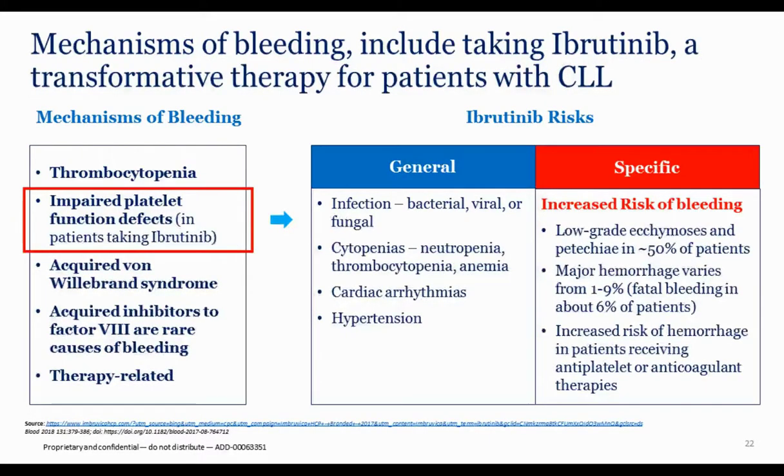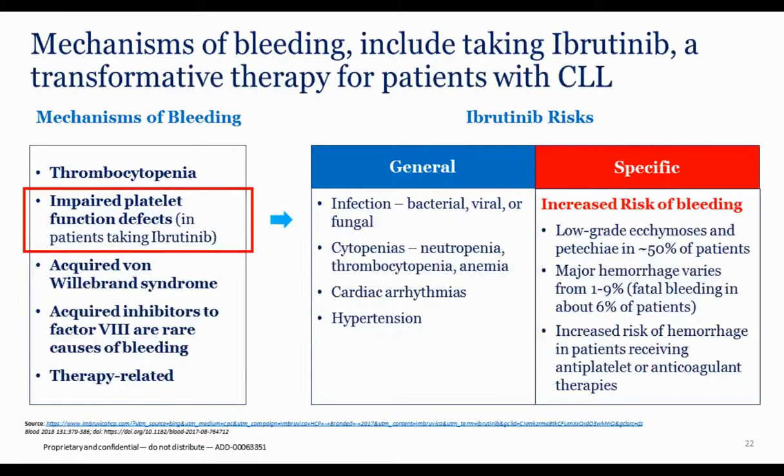A number of mechanisms have been described to explain bleeding in patients with CLL, and so some of these mechanisms include things like thrombocytopenia, impaired platelet function defects, acquired von Willebrand syndrome. Some of these patients develop inhibitors to various factors in the coagulation cascade, like factor 8 or factor 9. And there are also some therapy-related mechanisms that cause bleeding in these patients.